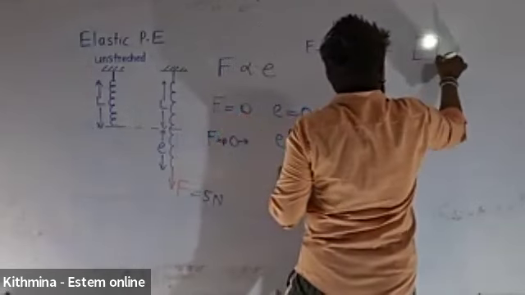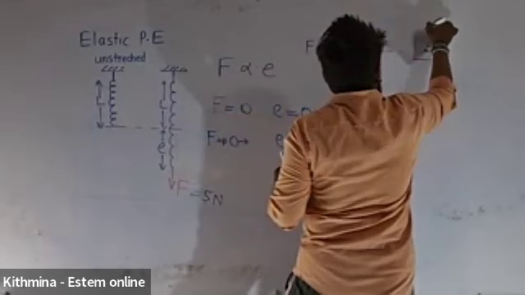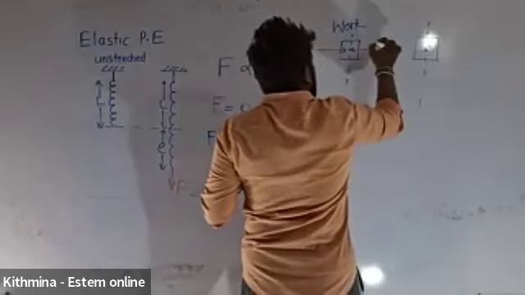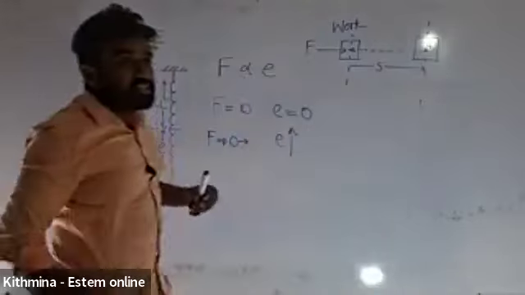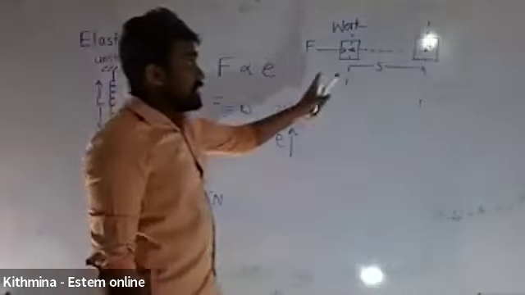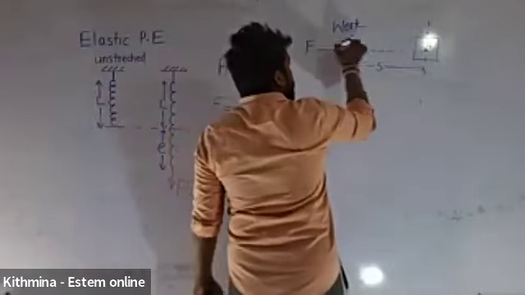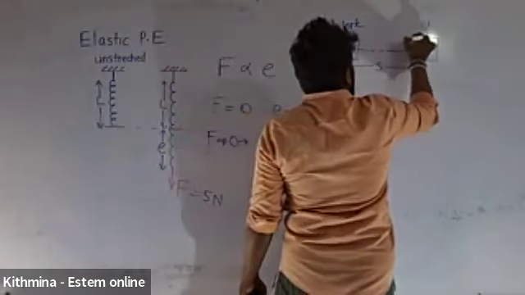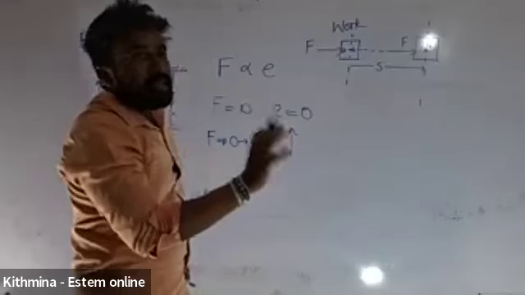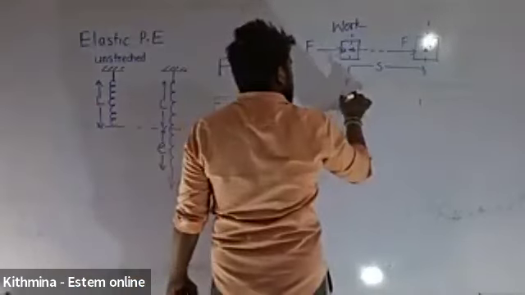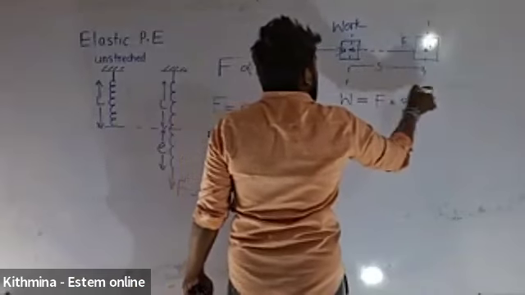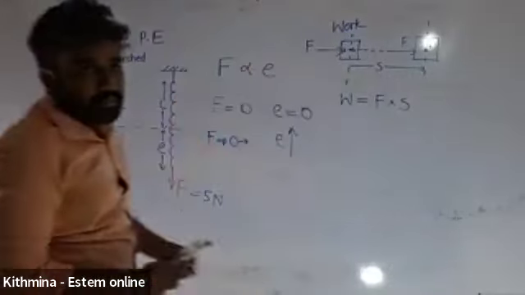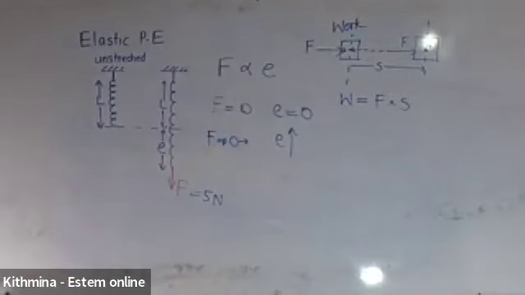Suppose it travels distance s because of this constant force. The force is not changing. Then we know the work can be calculated by F multiplied by S.